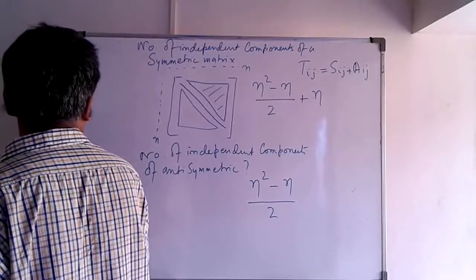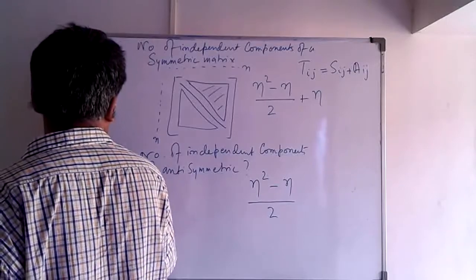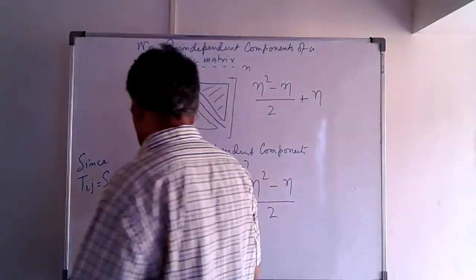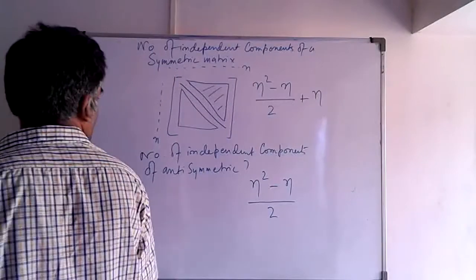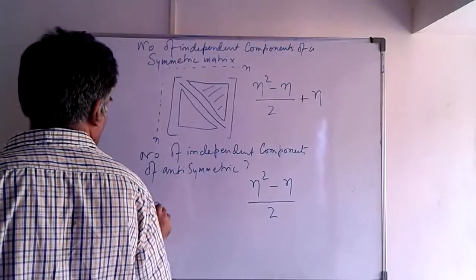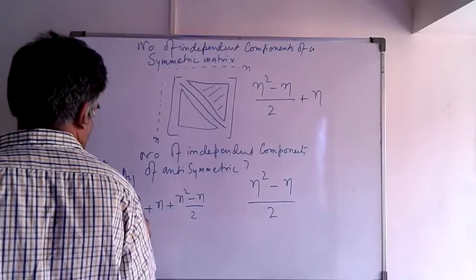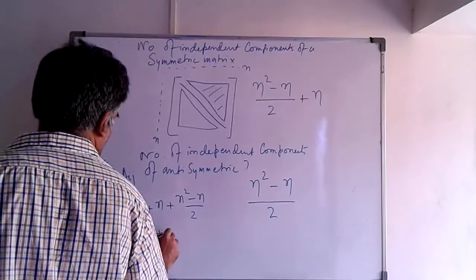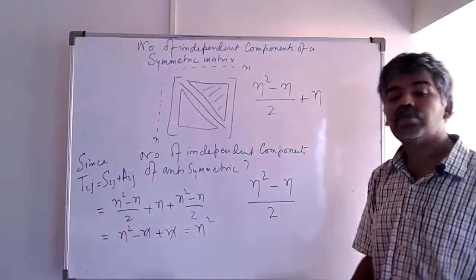Since Tij is equal to Sij plus Aij, if I add them, the total should come as n square, the total number of elements, n cross n. So that's n square minus n by 2 plus n square minus n by 2. This plus this is n square minus n, right? Plus n. So that's n square. So it matches.